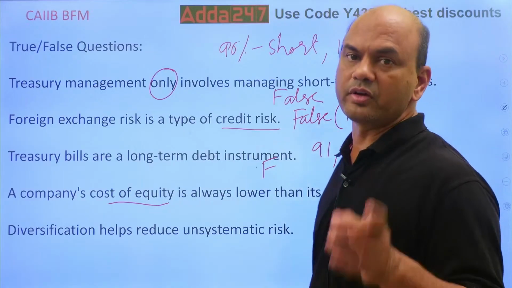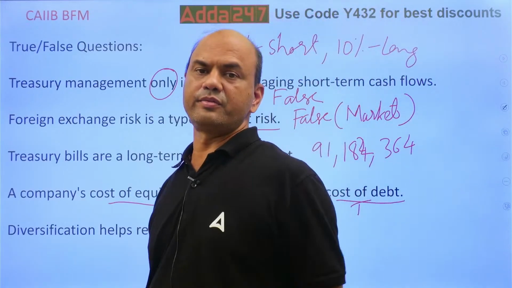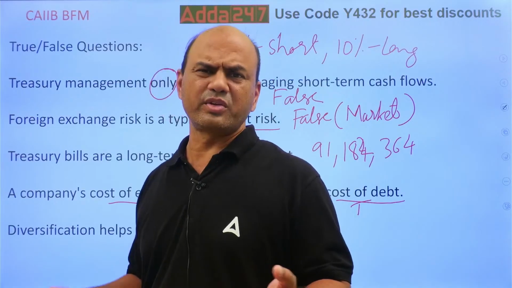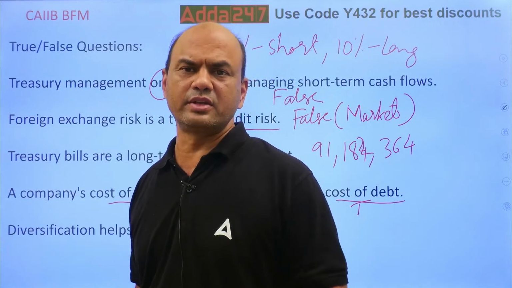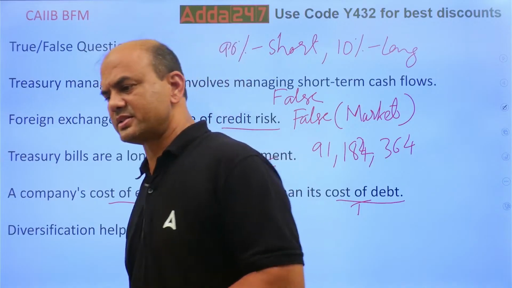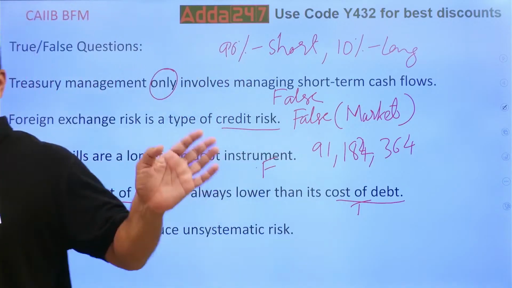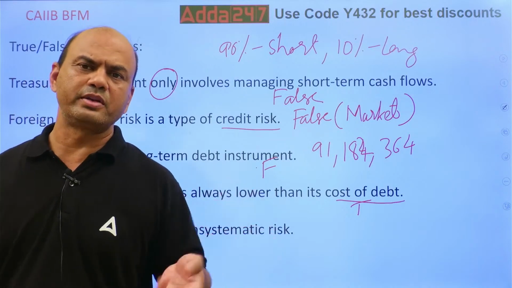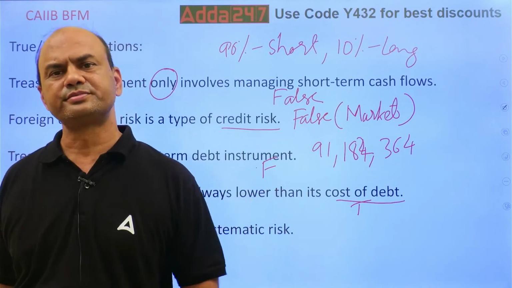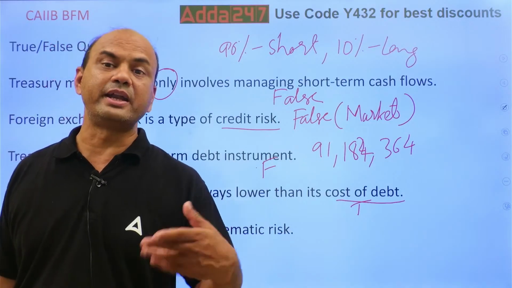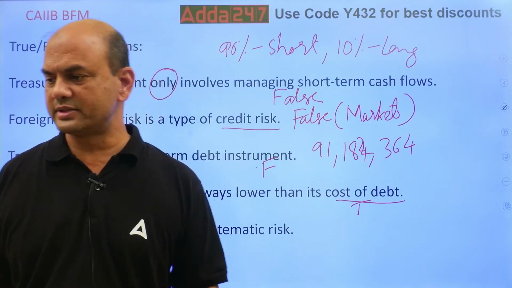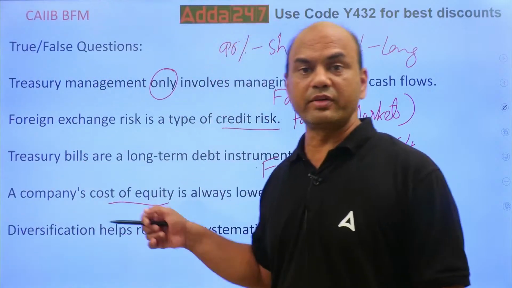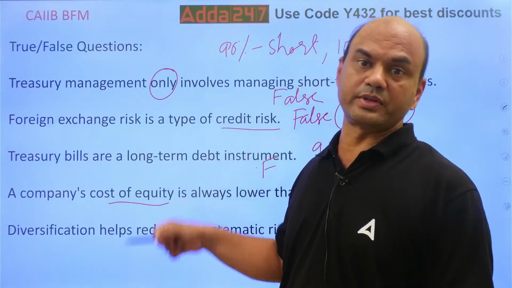Why? Because you don't have to give a fixed rate of interest on equity. The main part is this. In equity, I can't guarantee you any return. You buy my shares, if I'm profitable, you earn. If I'm not, you lose. So there is no fixed binding on equity, isn't it? So the cost of funds for equity will always be lower than the cost of funds for debt.